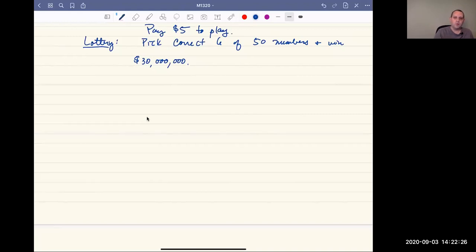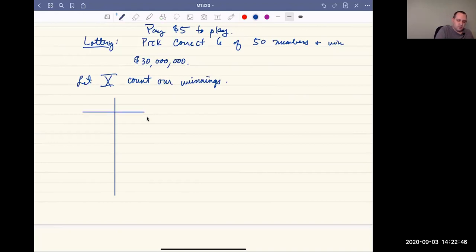What we need to do is think about a random variable. Let X count our winnings, just like in the previous example. There are 2 scenarios. The first is that we lose $5.